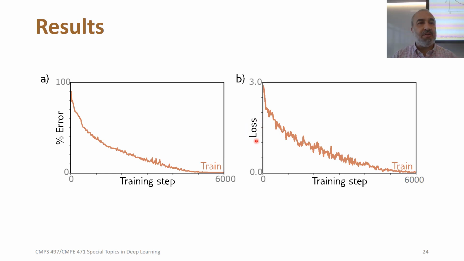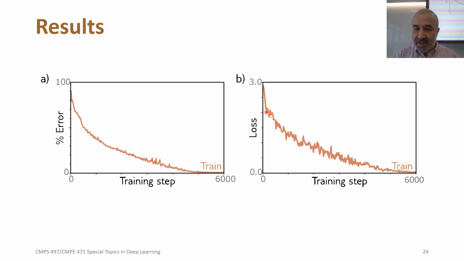What is the difference between the loss and the percentage of error? Cross entropy. The multi-class cross entropy loss function. And it depends on what? It depends on the probability that the model assigns to the correct class, right?